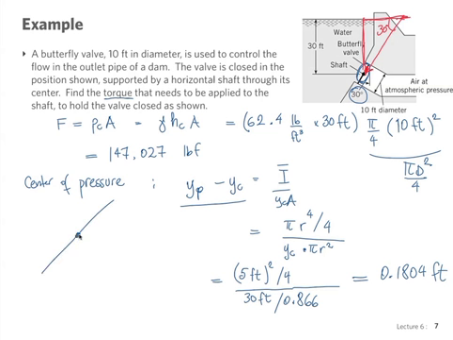So here's the center of the area, the centroid, and the line of action of the force is somewhere here, and this distance is in the slant direction 0.1804 feet. So basically now I have everything to calculate the torque, the force and the distance.